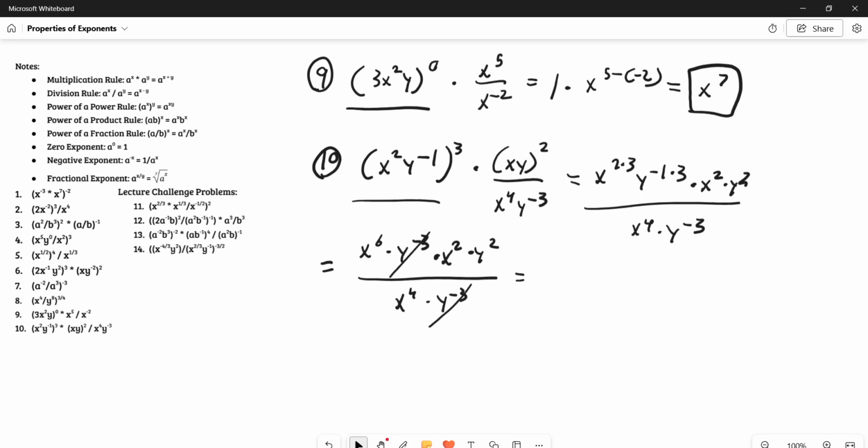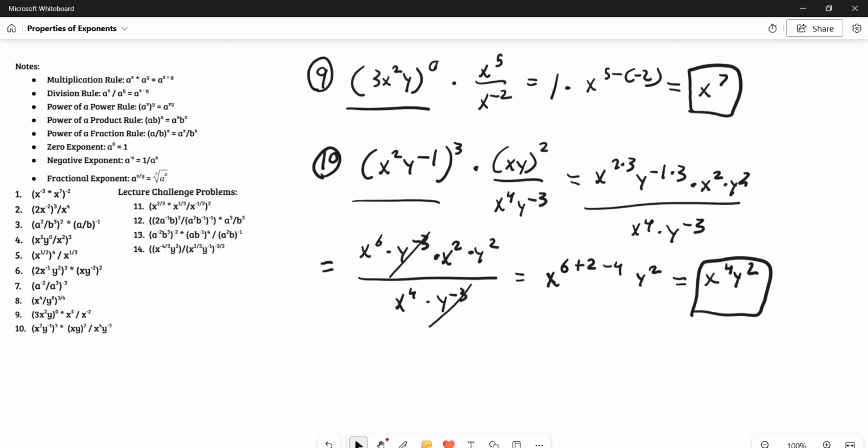So we're working with x to the power 6 plus 2, because all this is the numerator, and then minus 4 because this is the denominator, and all that times y squared because this is alone. So x to the power of 6 plus 2 is 8, minus 4 is going to be 4, times y squared, and that's going to be the answer.